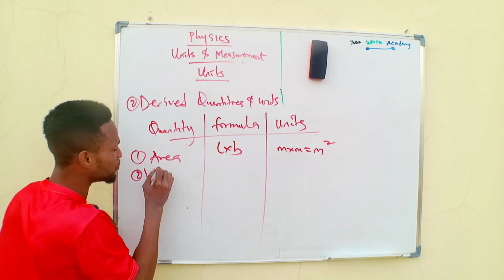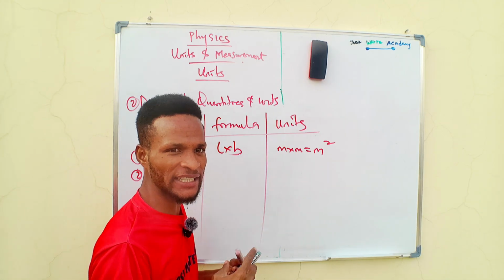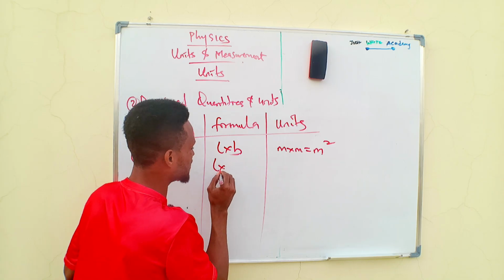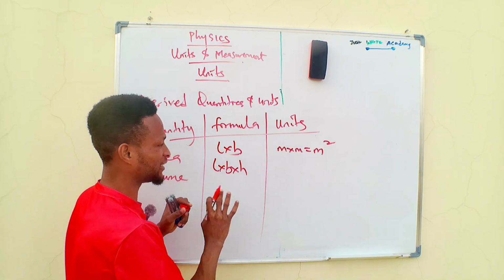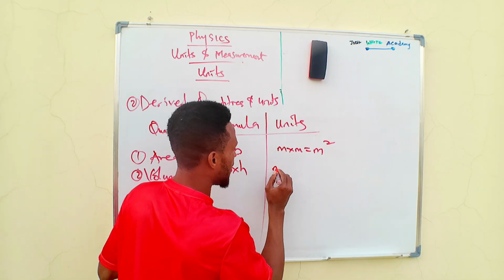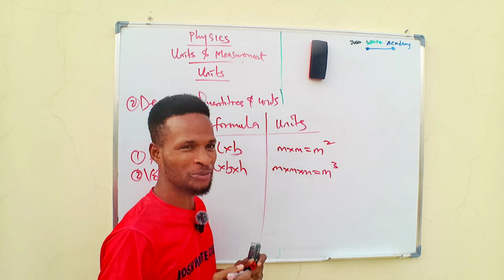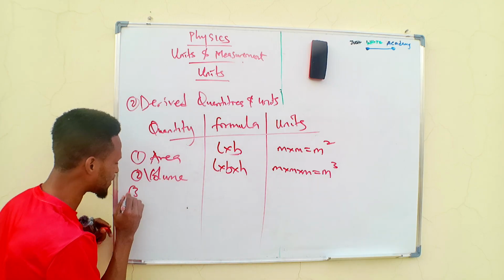Number 2, we have volume. Volume actually has 3 dimensions: length, breadth, and height. And they are all different expressions of length. So that's m times m times m, which will give you what? m cubed.